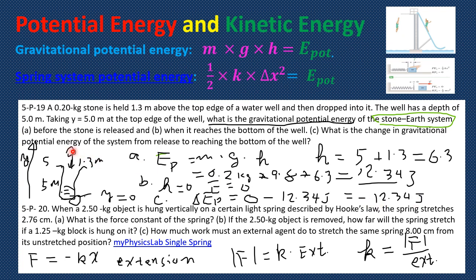It goes from this high and drops to the bottom. Later on we solve other problems, and this problem is the starting point. As long as it goes from here, as far as the potential energy is concerned, it lost energy. That's what the minus sign is for.